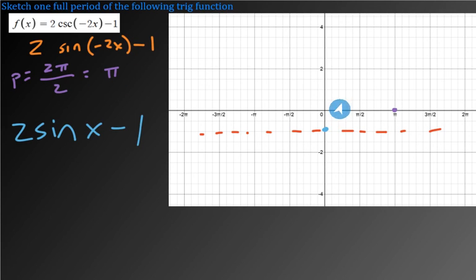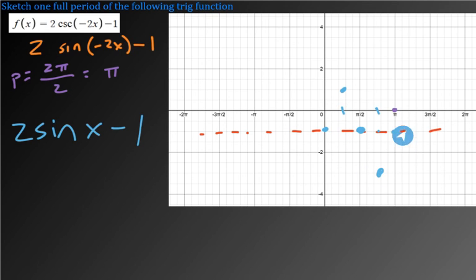our period's pi, so at pi over 4, right, the little halfway mark here, you're going to go up to its highest point, and it's got a vertical stretch of 2, so you go up 1, 2 again, and so we get that point, and then we'll come back down over here, and then at 3 pi over 2, you'll be down 2 off the midline, so that's 1, 2, so you'll be about here, and so that is halfway there, and then you just go back to the midline at the end of the one full cycle, which in this case takes pi radians to do.